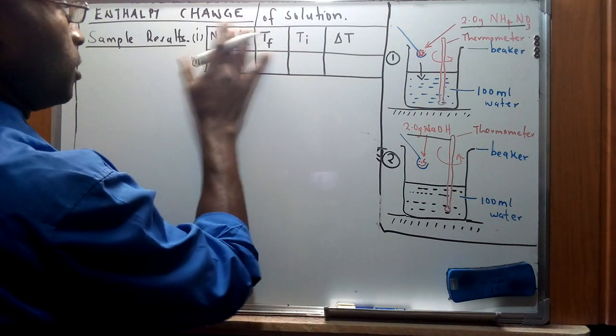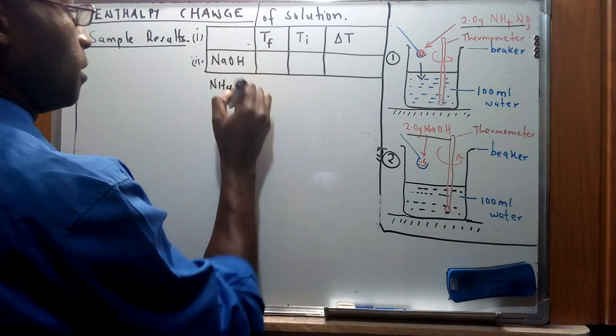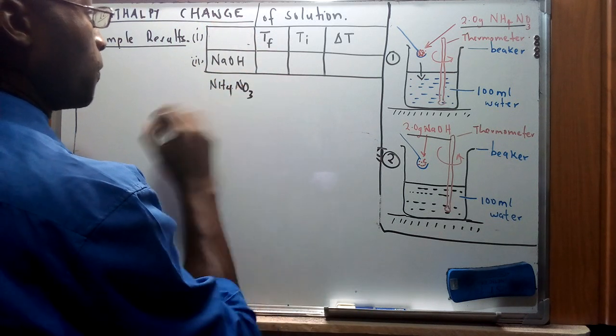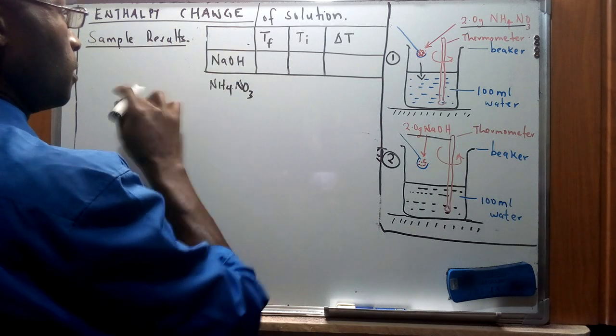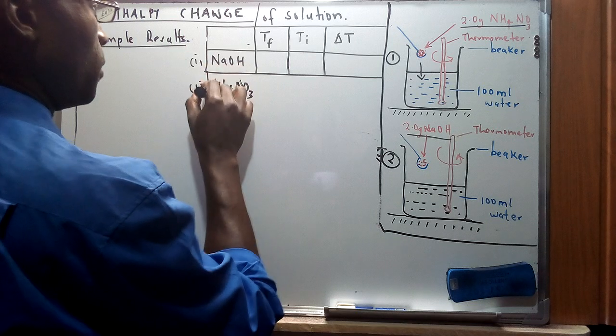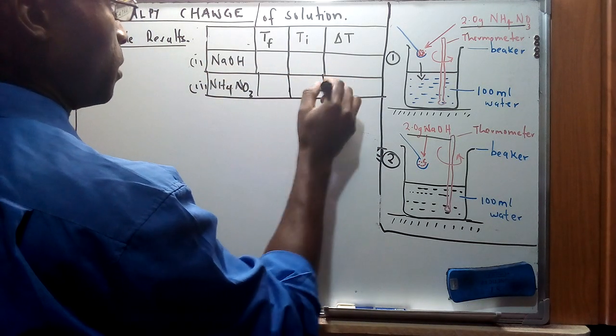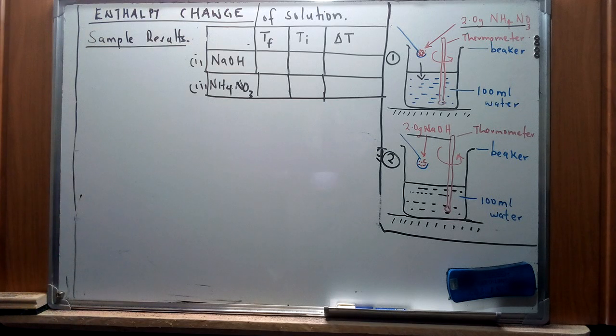So maybe I will just change this one because of space. So this is ammonium nitrate. So I'm going to have this table illustrated as that, because this is showing what aspect we're trying to measure. So in that case, this is the specific setup.